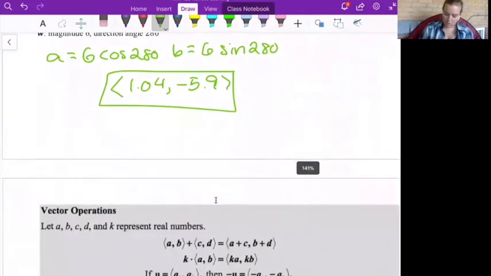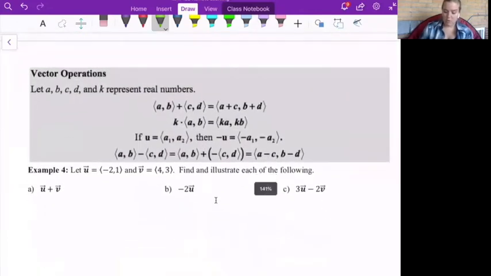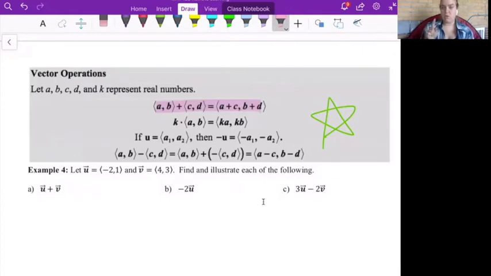Now we are going to talk about some algebra that we can do with vectors. Basically what this is saying is that if we are adding vectors, we're going to add the x's and add the y's.